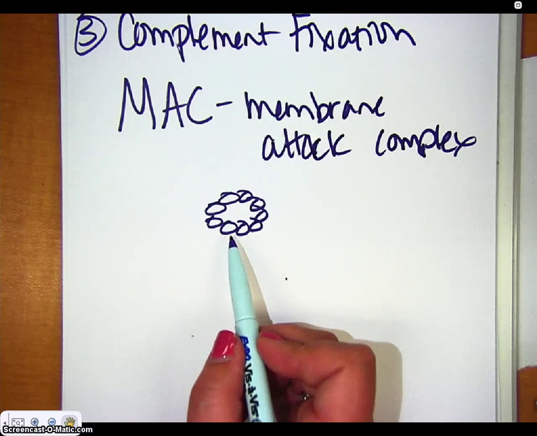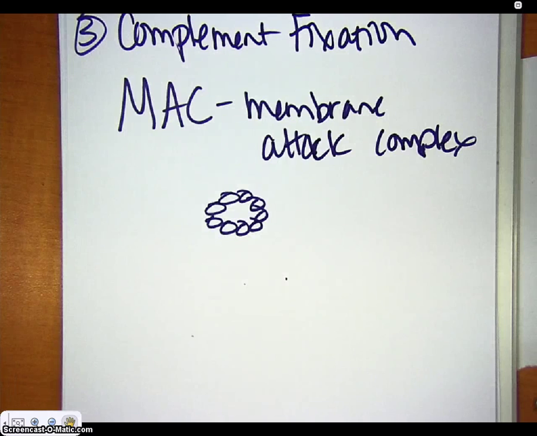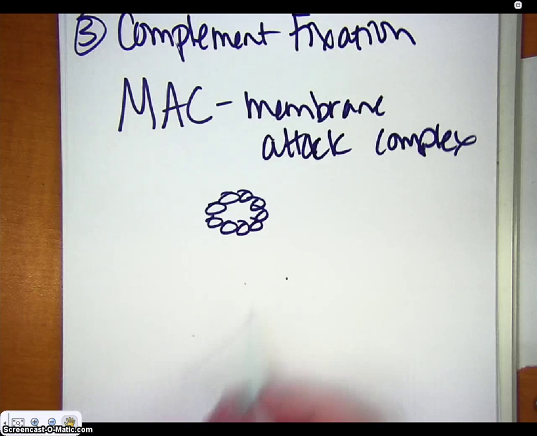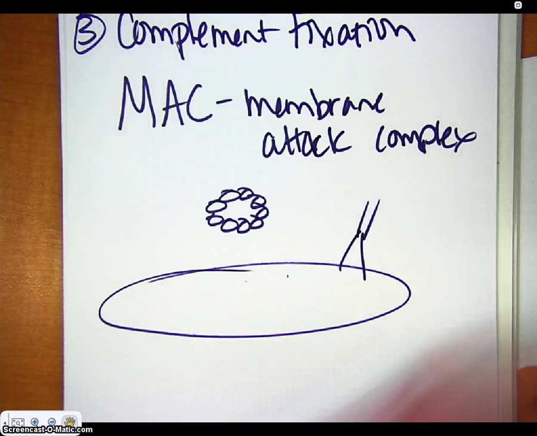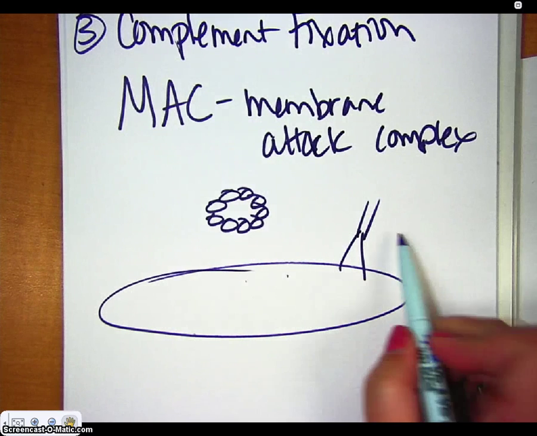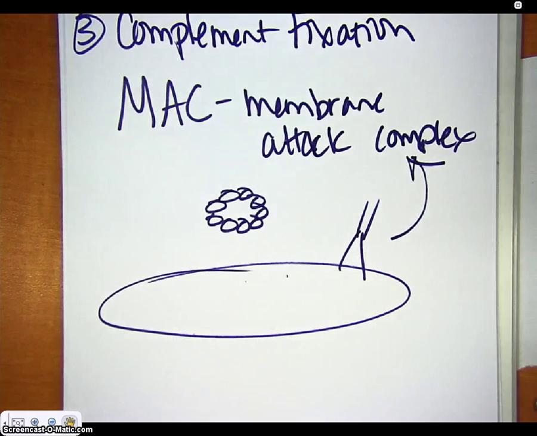And if you drill enough holes or create enough protein donuts in the surface of a bacterial membrane, the bacteria will lyse. So if we have a bacteria here that has an antibody attached to it, that triggers complement fixation and the complement pathway.